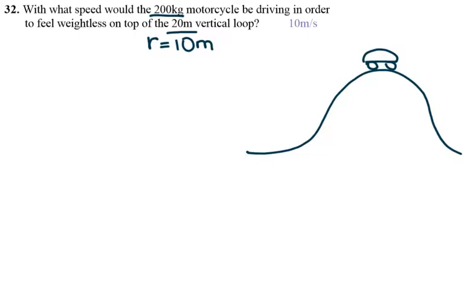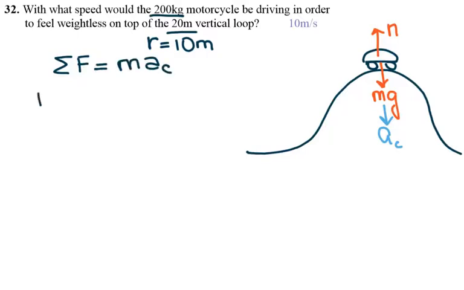And again, as always, I need to see my forces acting on the motorcycle. So I have the force of gravity, I have the normal force, and I have centripetal acceleration. It's not a force, it's just an acceleration. So the sum of all the forces is equal to mac.